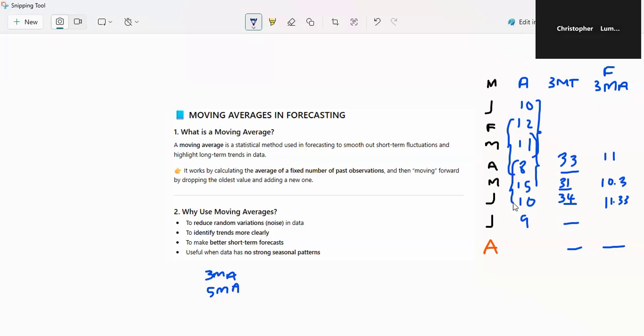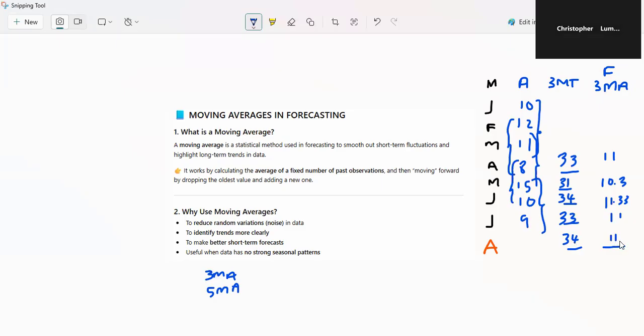So 8 plus 15 plus 10, you get 33. That divided by 3, we get 11. Then finally, we go to the 15. 15 plus 10 plus 9, we get 34. So 34 divided by 3, we're going to get 11.33.